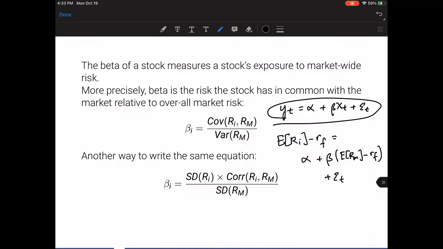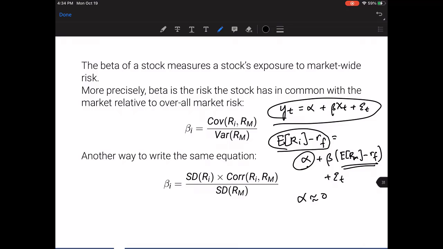Okay, this is the constant term. This is your excess returns above the risk-free rate by the market portfolio. This is excess returns on your particular stock. And if the model is good, your alpha should be 0, or not statistically different from 0. If the model is bad, you will get a non-zero alpha.